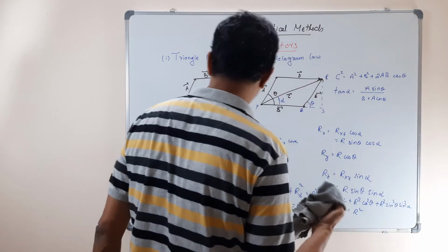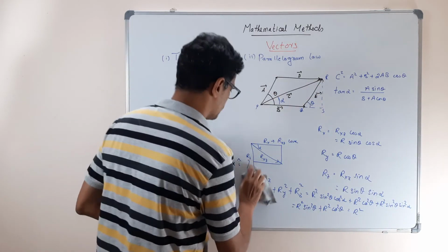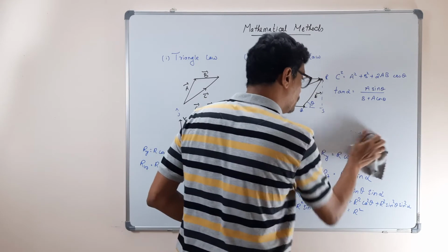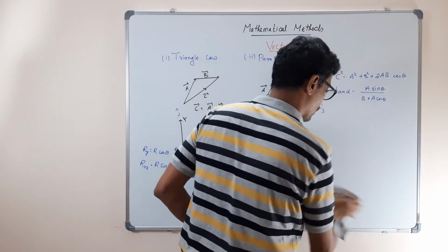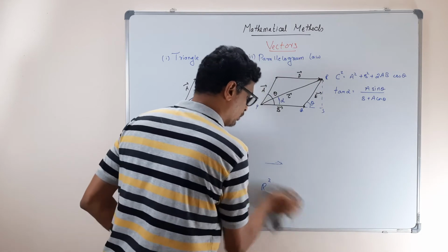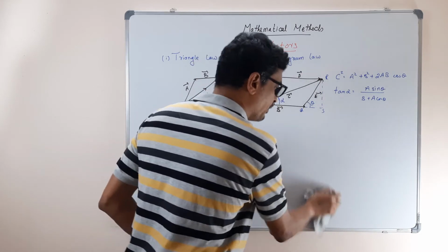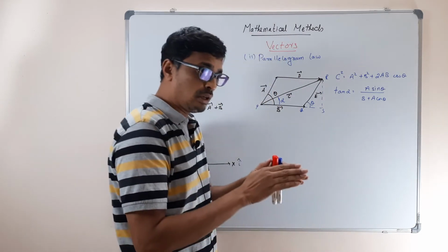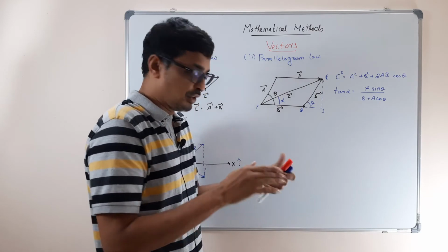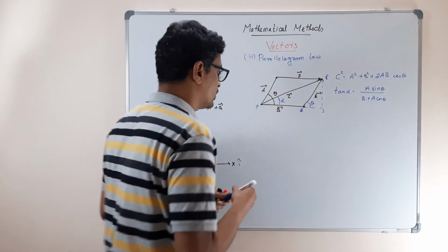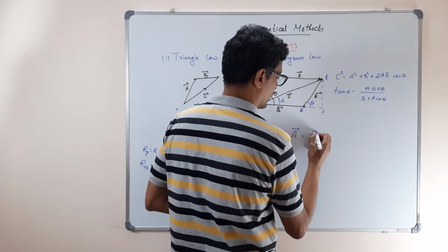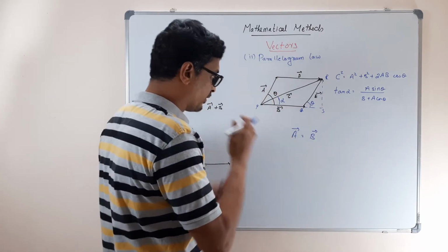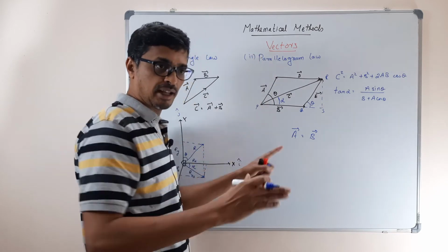There's one simple thing that's not very important. If you have two equal vectors, when you resolve them into three components, we have vector A equal to vector B. Let me resolve this vector A into three dimensions, x, y, z.